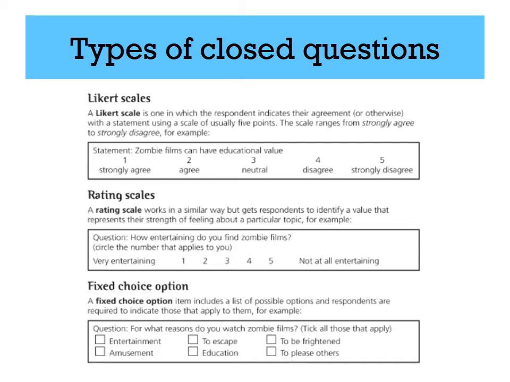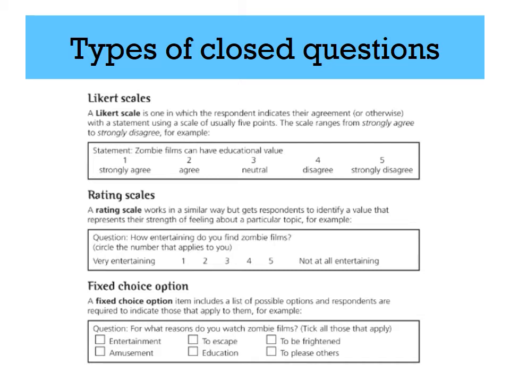Rating scales are also used in types of closed questions. So they work similarly to Likert scales, but get respondents to identify a value that represents the strength of a feeling about a particular topic. For example, if we look at how entertaining do you find zombie films, there is a scale here from 1, very entertaining, to 5, not at all entertaining.